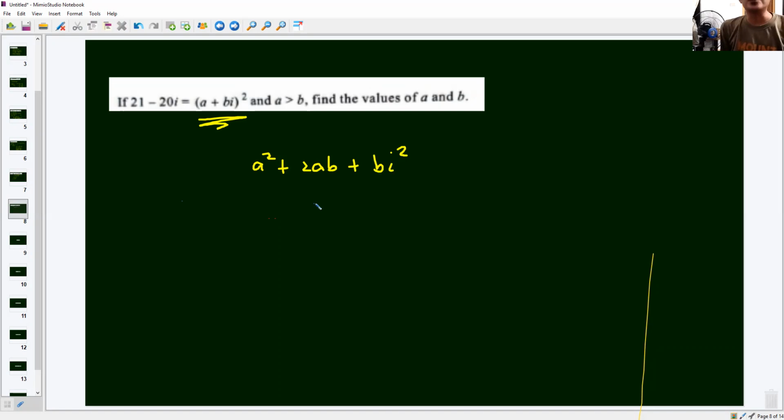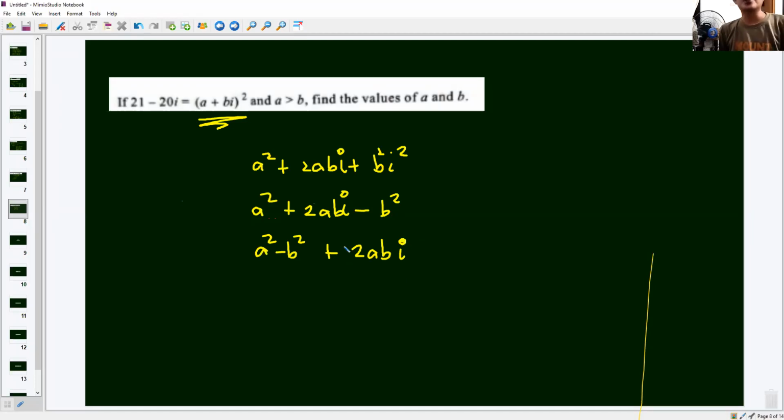And then you know that b squared i squared would become minus b squared. So you have a squared minus b squared plus 2abi. Ibig sabihin niya may i mo, yung part lang na to.